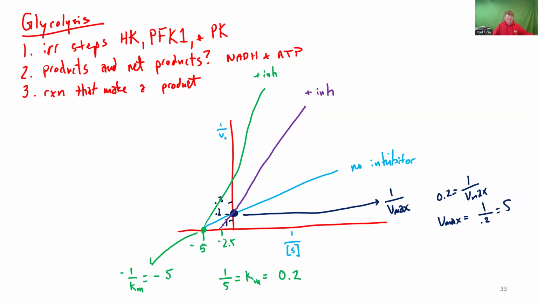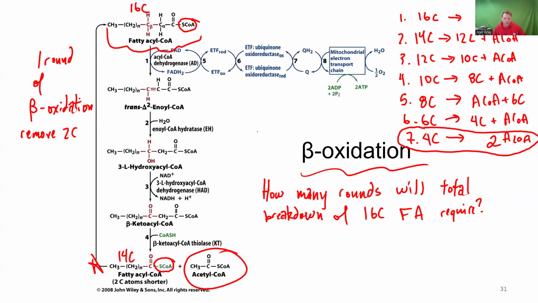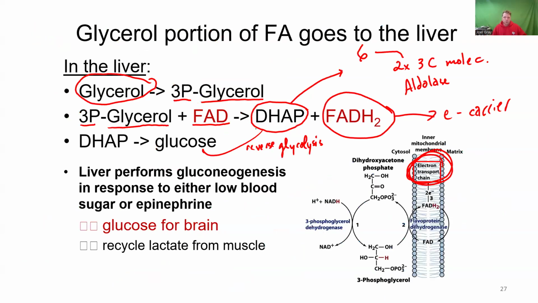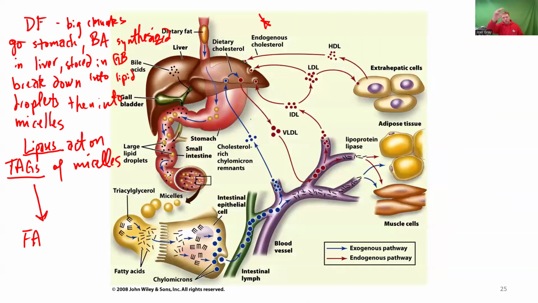Now, what we've talked about most recently is lipids and fatty acids. Fatty acids being tremendous stores of energy. Lipids being molecules that, well, fatty acids are an example of them. Last time in class we talked about how fat gets broken down. We looked at the general flow of dietary fat entering the stomach.